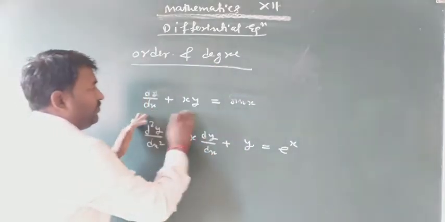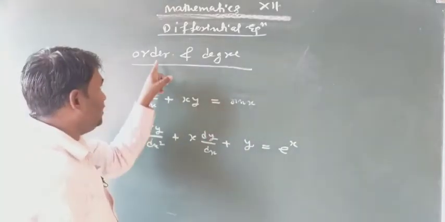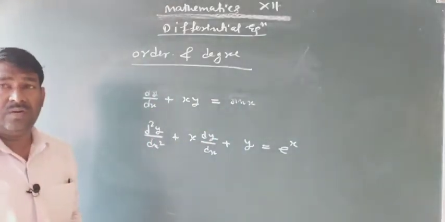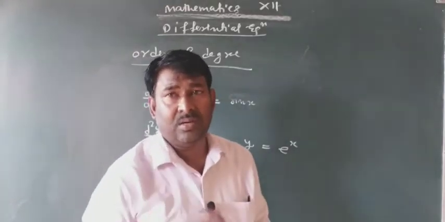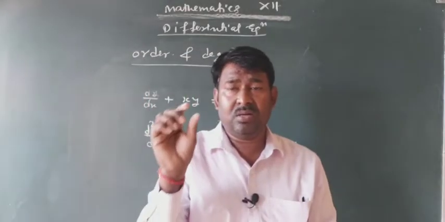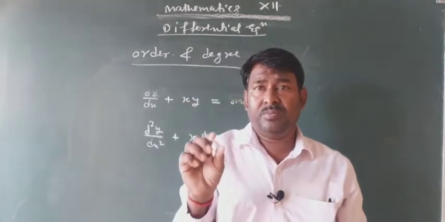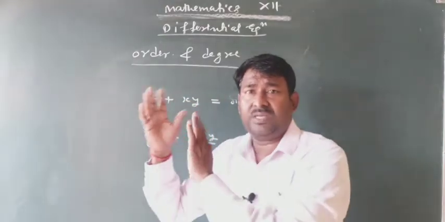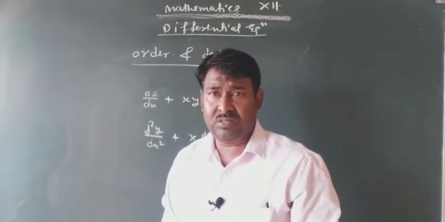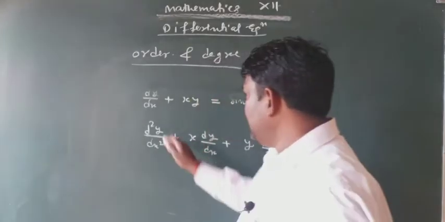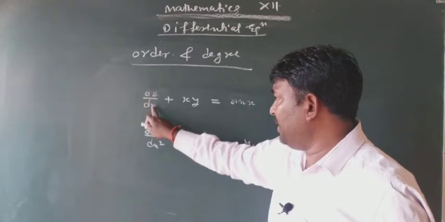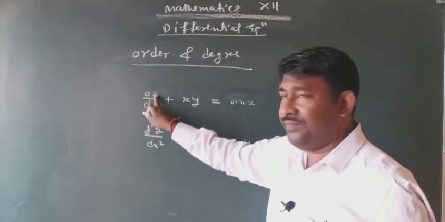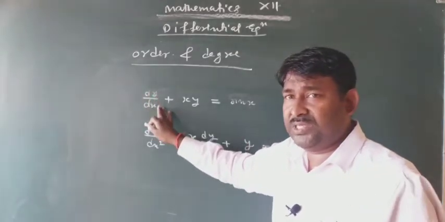Suppose you are given a differential equation, then what is order? The order of a differential equation is the order of the highest order derivative present in that equation. For example, in this equation, dy by dx, the first derivative of the dependent variable, is present.